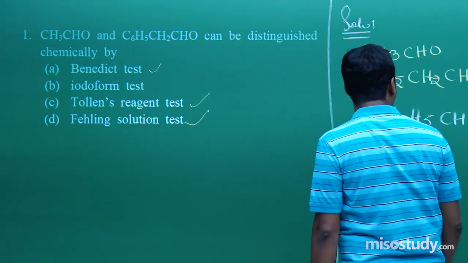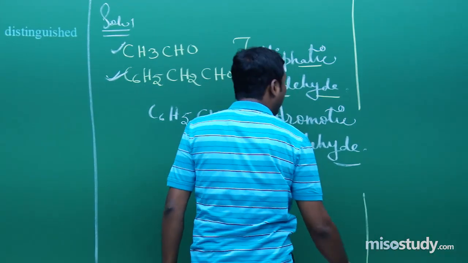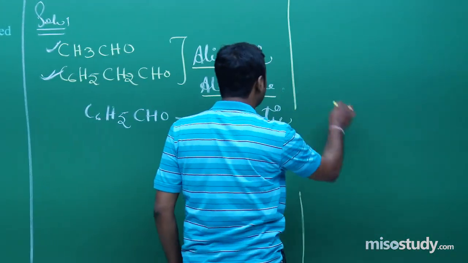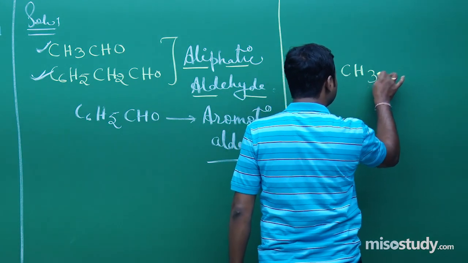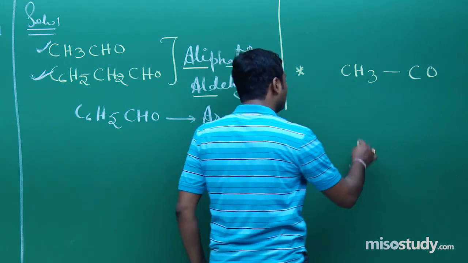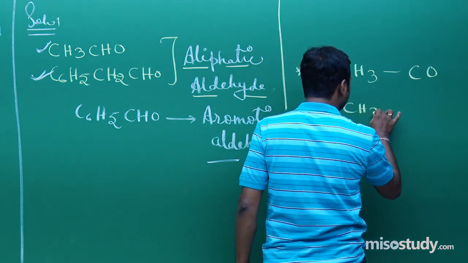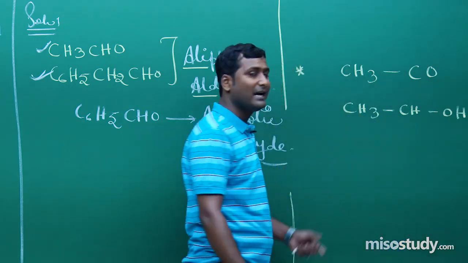Now what about the iodoform test? This is the prime concern. As we know, the iodoform test is given by those carbonyl compounds which have a CH3CO linkage, or those alcohols which have a CH3CHOH linkage, like ethyl alcohol.